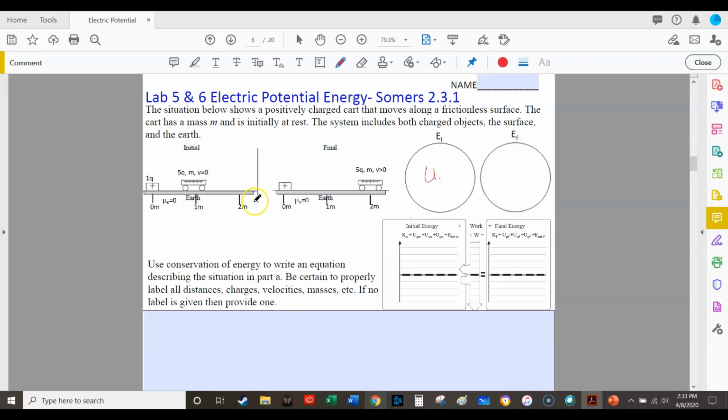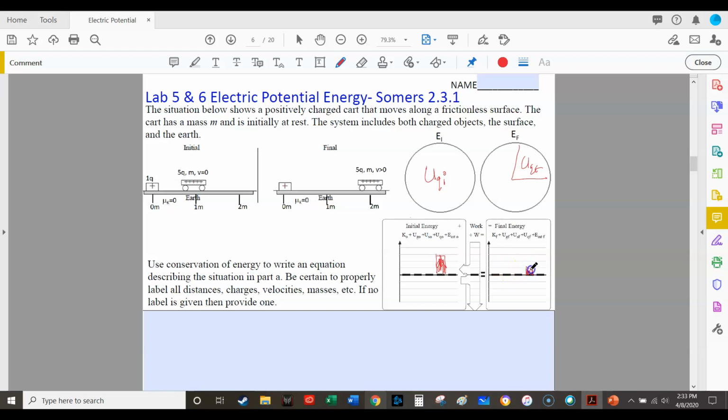Initially, this had a voltage working on our 5Q charges, right? So as U sub Q initial. And then in the end, we had U sub Q final. And initially, we had 3 blocks of electric potential energy. And final, we had only 1 block.